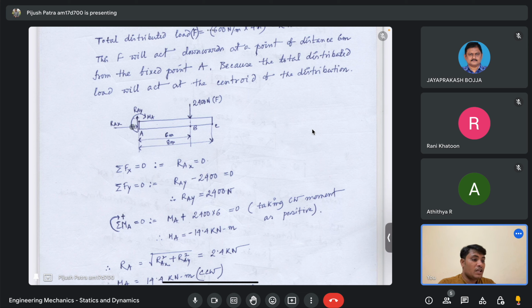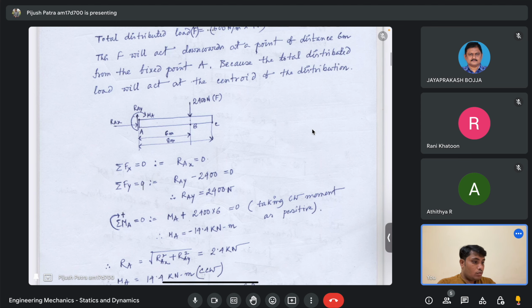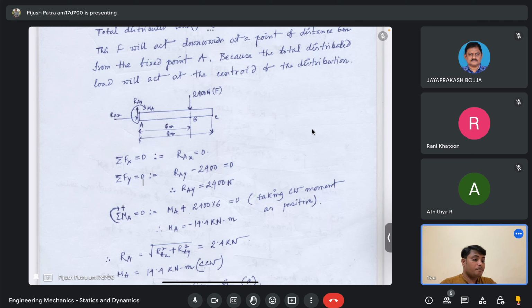Then the moment balance says the net moment acting on the beam is 0 about the point A, and as I show in this sign, clockwise is positive. So I am taking the clockwise moment as the positive moment. That's the assumption I made here.